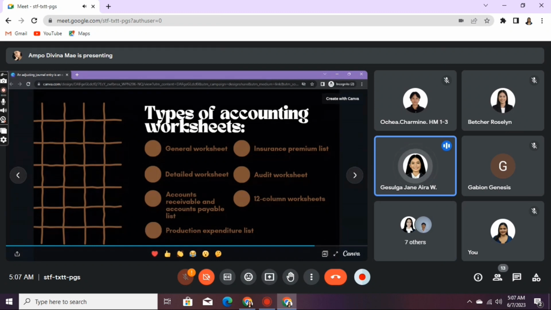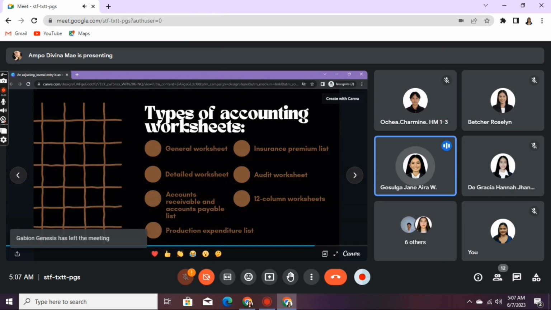Next is detailed worksheets, accounts receivable and accounts payable list. The next one is production expenditure list, insurance premium list. Next is audit worksheet and 12-column worksheets. Next slide, please.